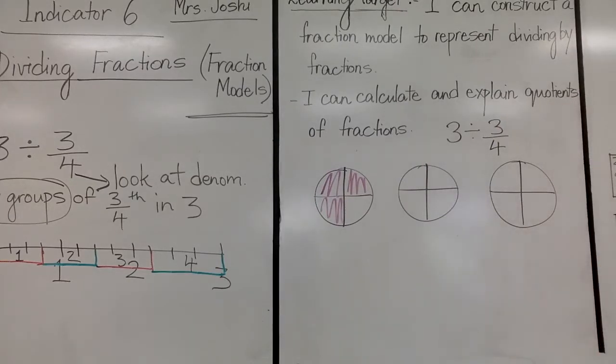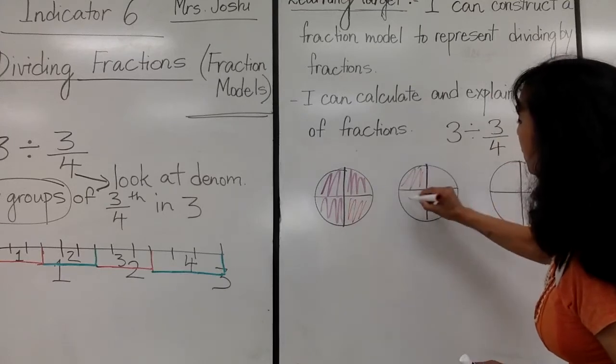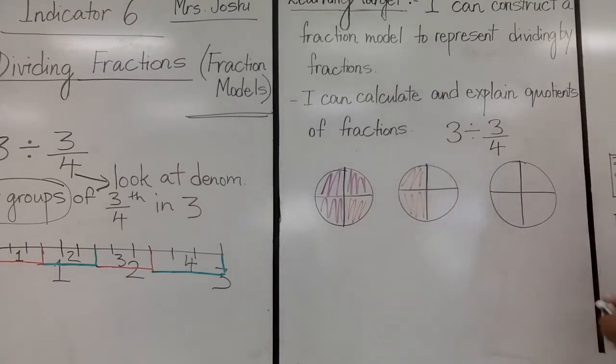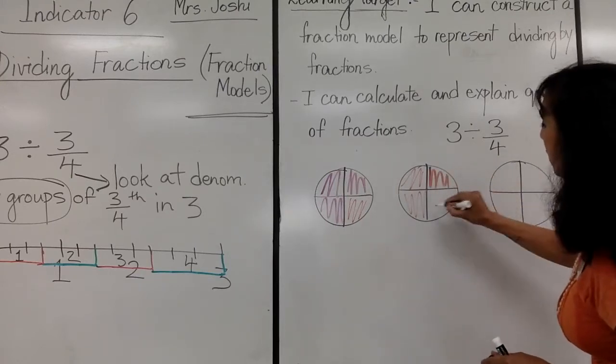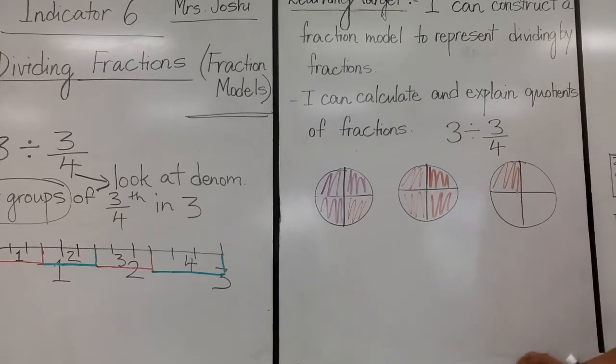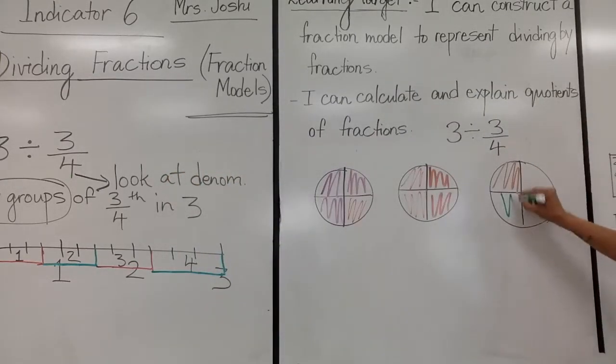And then I'm going to go ahead and circle 1, 2, 3. Here's another color. Then I can do 1, 2, 3. Here's another color. And we have 1, 2, 3. And here's the last color.